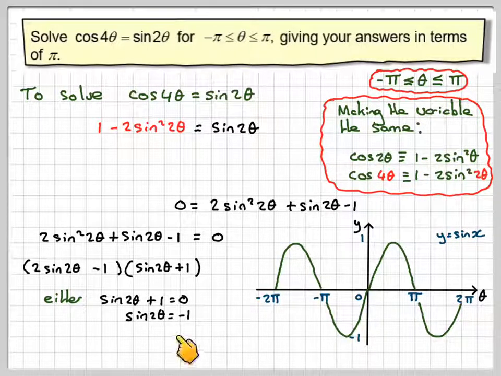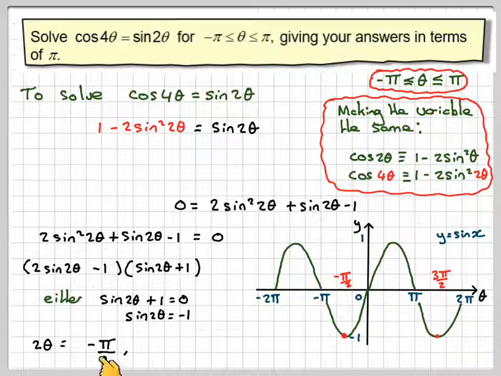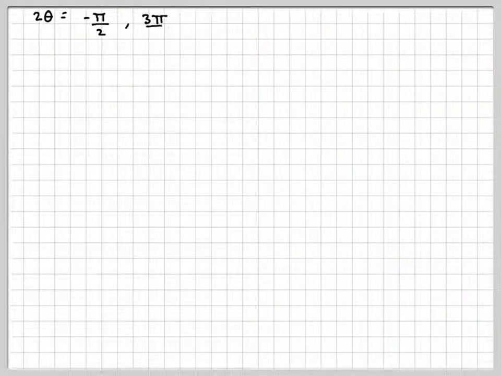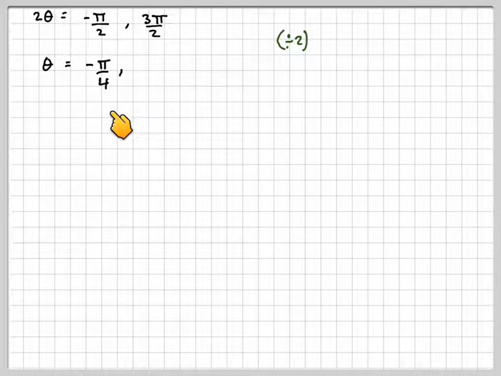Looking where it is equal to minus 1, that's here at minus pi by 2, and here at 3 pi by 2. So 2θ is equal to minus pi by 2 or 3 pi by 2. Dividing by 2 to get θ, θ will be equal to minus pi over 4, comma 3 pi by 4.